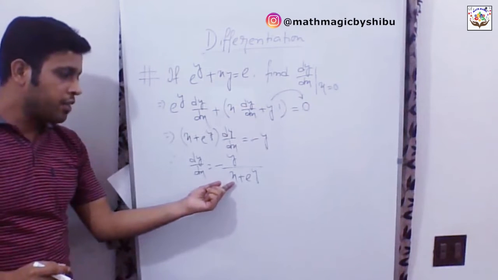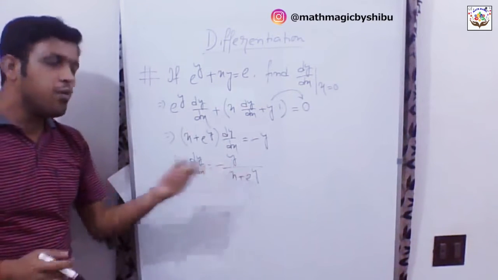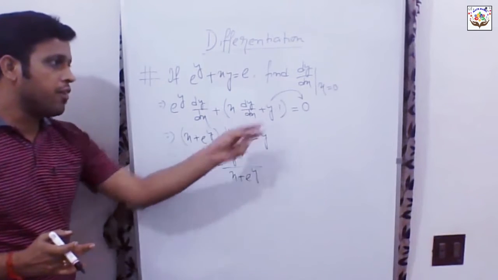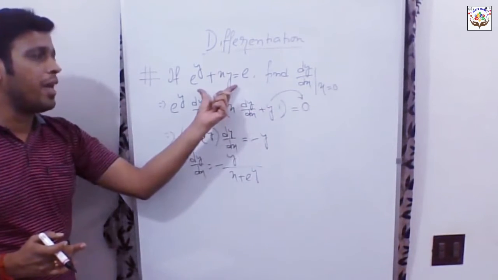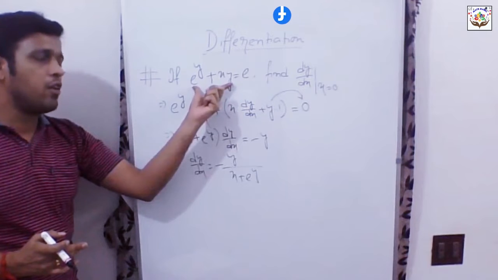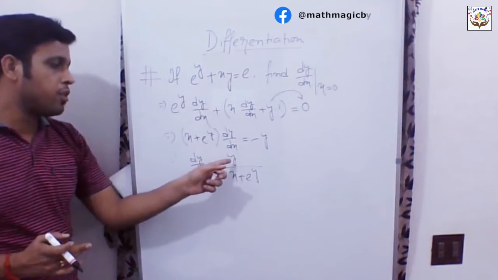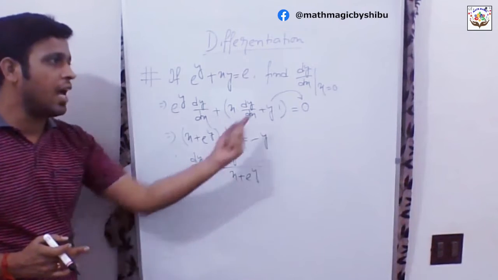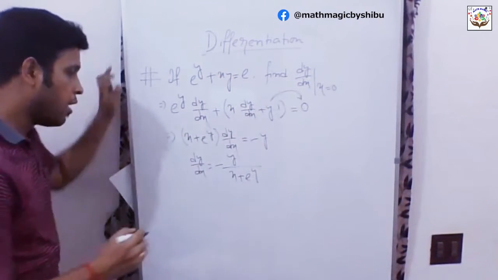So if we put x equals 0, the y term would be remaining. So at first we need to put the value of x equals 0 in the main expression to get the value of y. Then after we will put the value of y and x equals 0 to get the dy/dx at x equals 0. Okay.